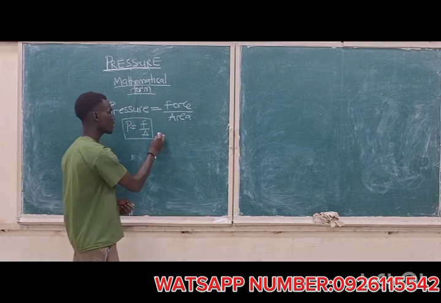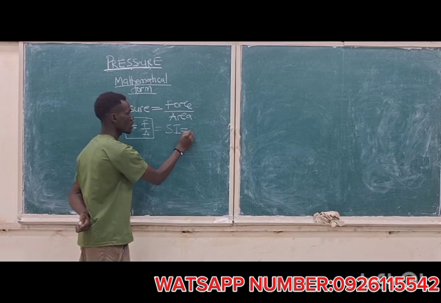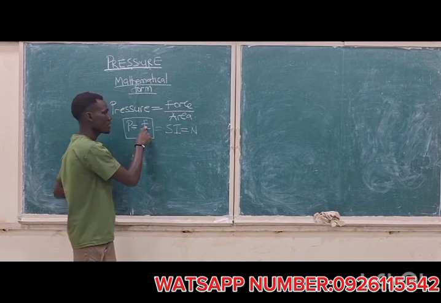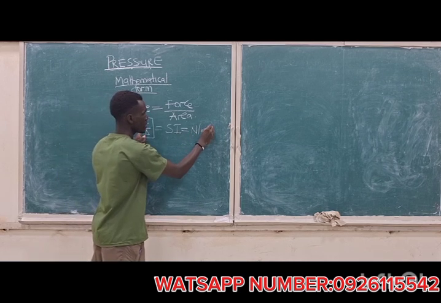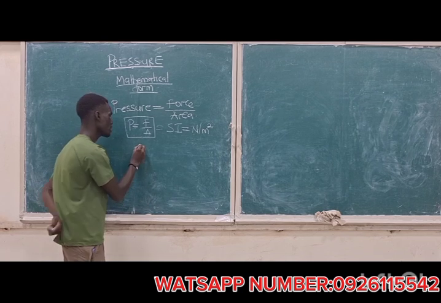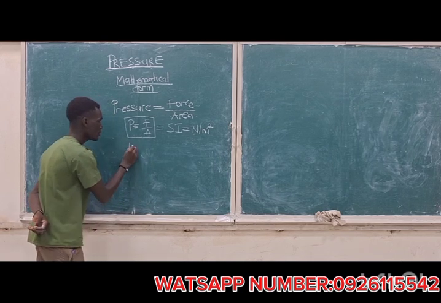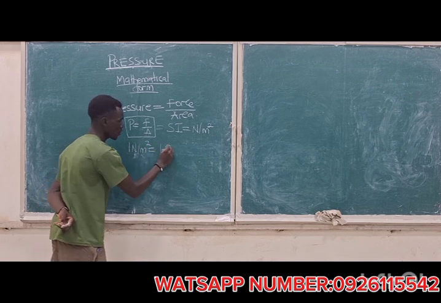Pressure has its SI unit, which is Newton, the SI unit for force, per meters squared, that is for area. 1 Newton per meter square is equal to 1 Pascal.